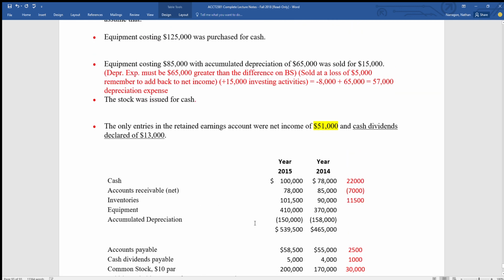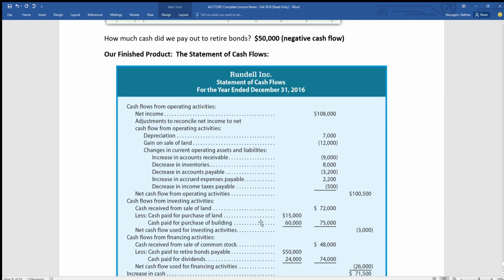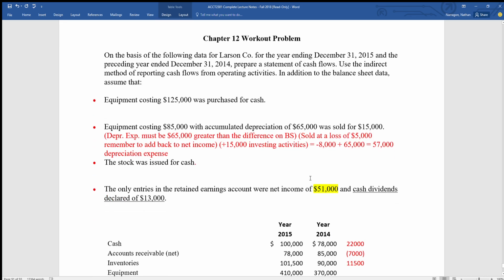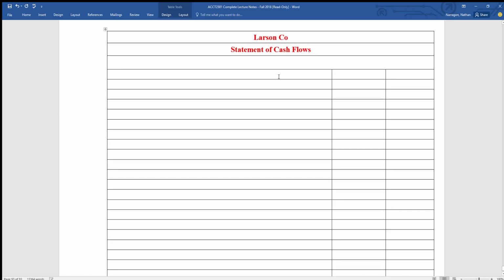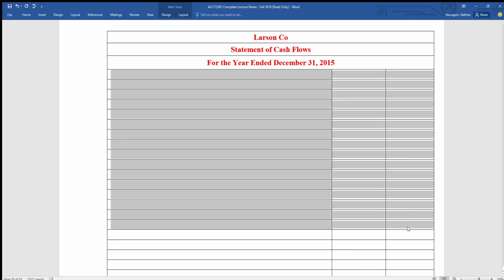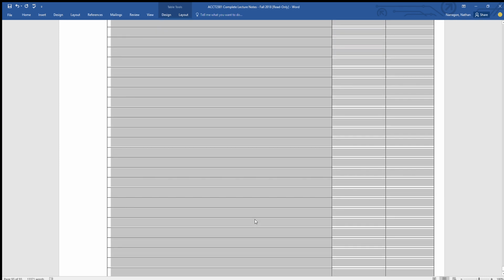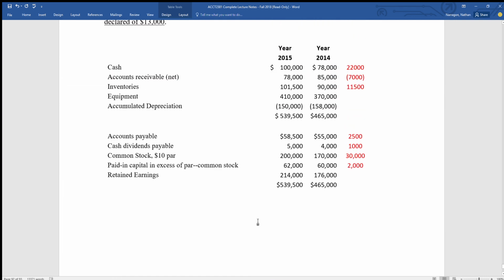So if you need to go, you can actually look back up here. And notice again, it's always for a period because it's a statement of cash flows. So for the year ended December 31st, 2015. Okay, and I doubt I have anything in here because all my program is gone.